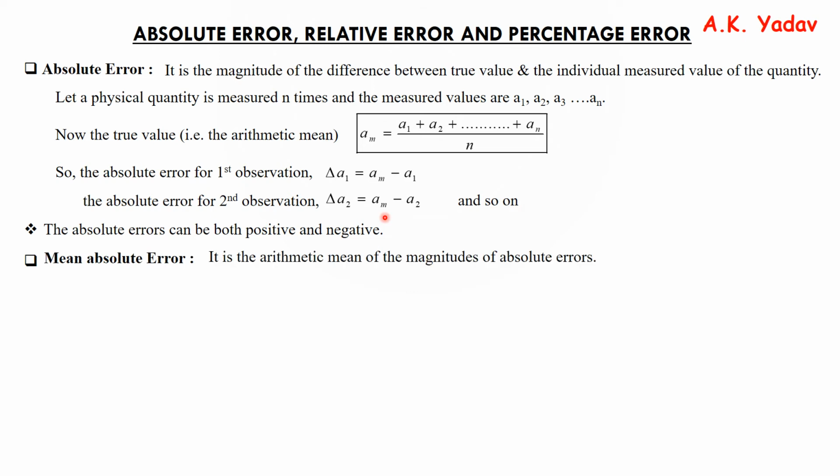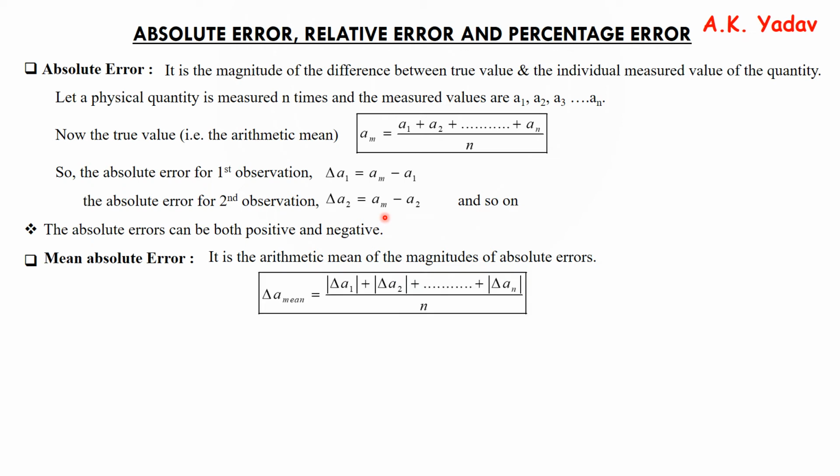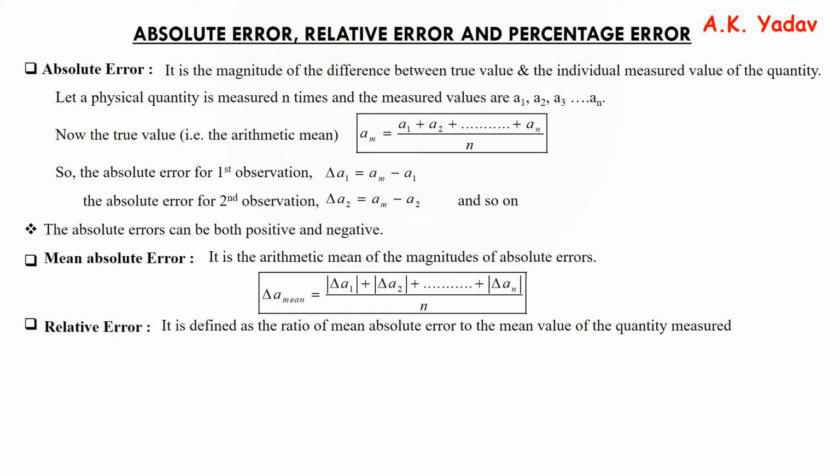Mean absolute error is the arithmetic mean of the magnitude of absolute errors. Here the key is we only take the positive values. So delta a mean is equal to delta a1 plus delta a2 up to delta an divided by n. Then it is relative error. It is the ratio of mean absolute error to the mean value of the quantity measured.